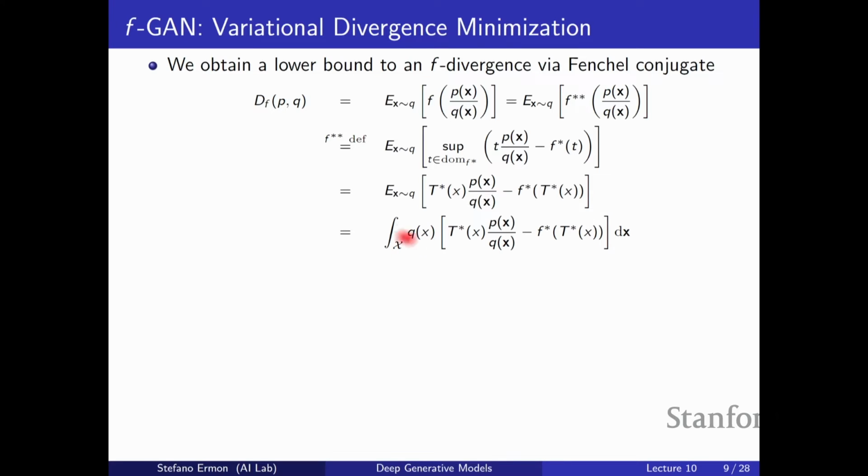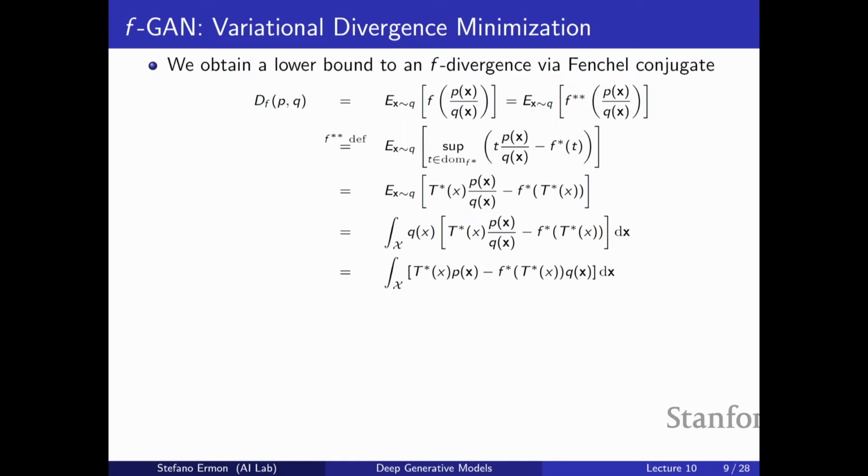What this means is that if you expand it, it will look something like this. The expectation with respect to Q is just an integral where every x is weighted using Q of x. If you simplify it further, and you notice that this Q of x simplifies with this Q of x, this whole expression just looks like the difference of two expectations.